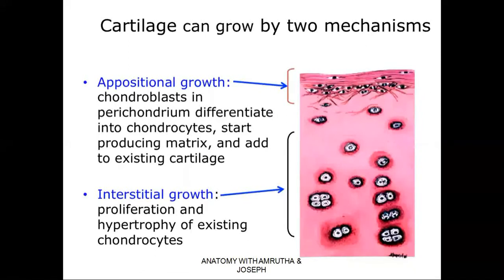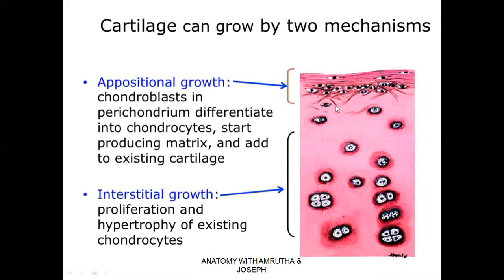The cartilage growth can be explained in this way. The inner layer of the perichondrium gives rise to chondroblasts. Chondroblasts secrete matrix. As they secrete the matrix, they move to the inner aspect of the cartilage and get buried inside the matrix, and then they are called chondrocytes. Even though they are inside the matrix, they still have the ability to secrete some amount of matrix, and they do that.